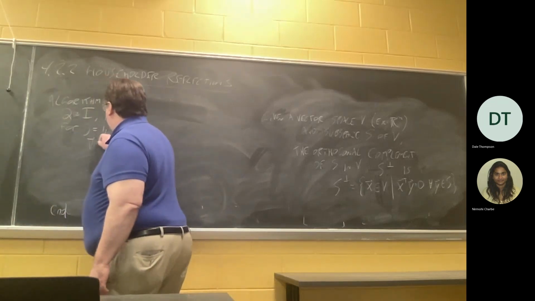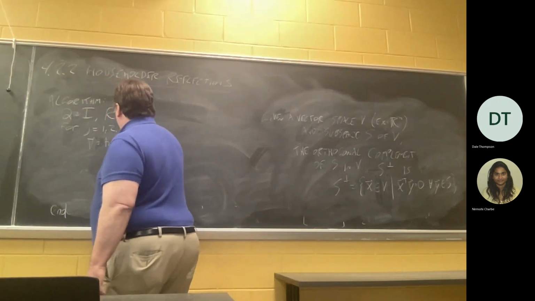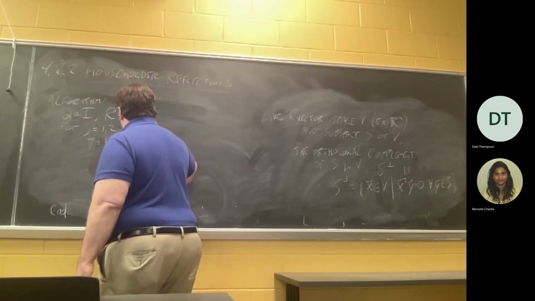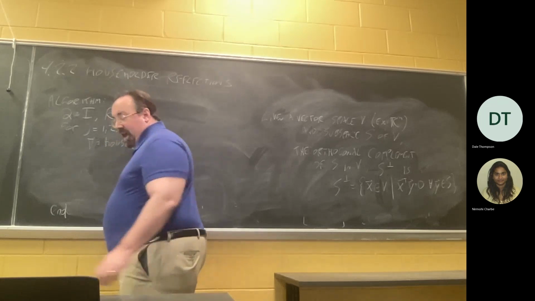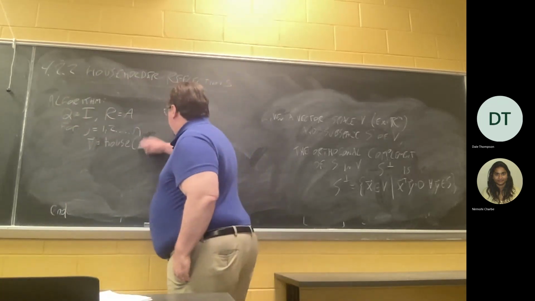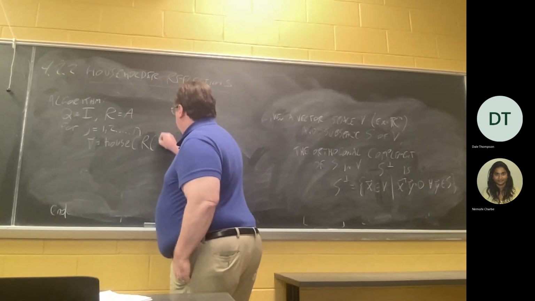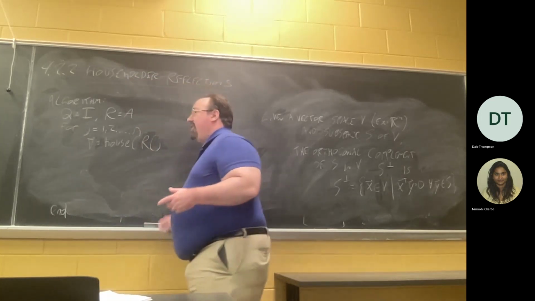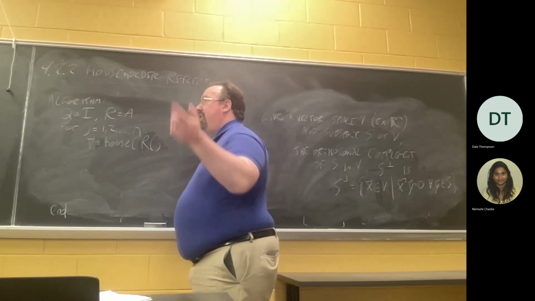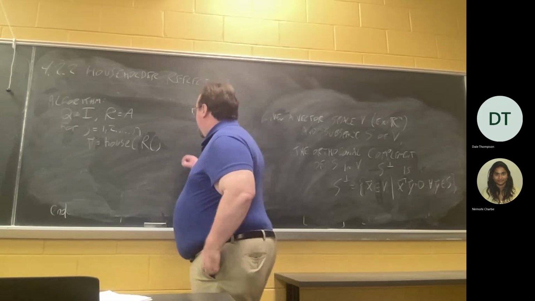And we assume the availability of a function called house, whose job is, you give it a vector and it will produce a vector v from a Householder reflection that will reduce that vector to a multiple of e1.